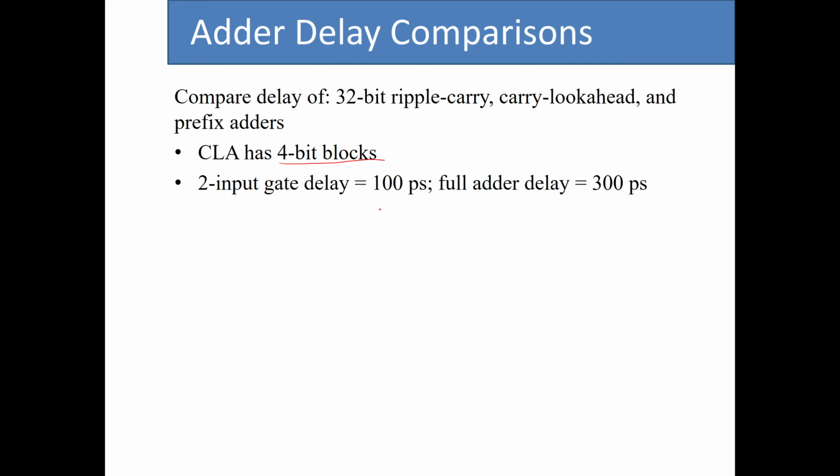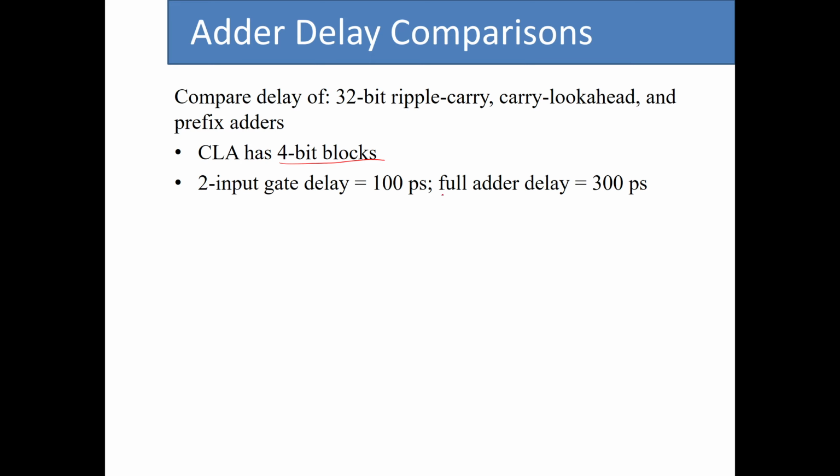And then for the delays that we have, for the delay of a 2-input gate delay, this is I would say a generic value, right? Usually it is a bit different for the AND gate and OR gate and XOR gate, but let's just assume that the delay of a 2-input gate is 100 picoseconds regardless of the type of the gate.